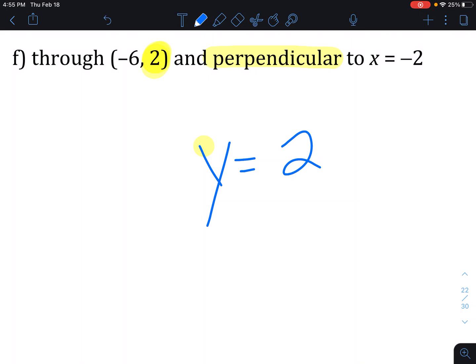So again, I know that this is a vertical line because it's missing a variable. So perpendicular to vertical would be horizontal. So if it's going from x equals a number, perpendicular means it would have to turn into y equals a number. And then it's pretty simple. You just look at the point, and it's got to be y equals the y coordinate.